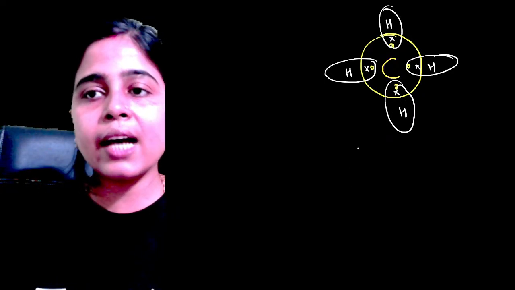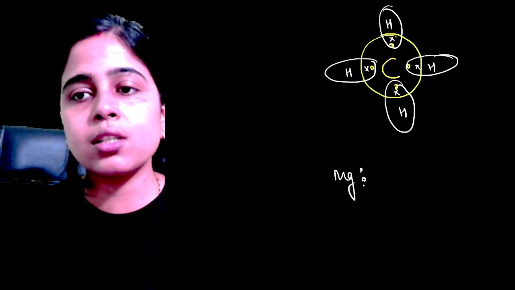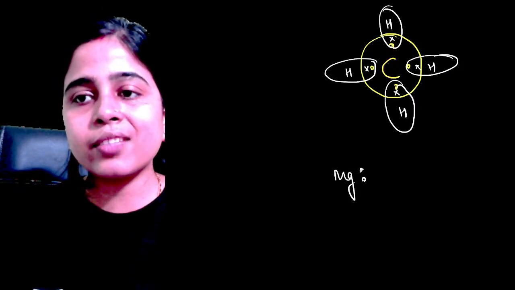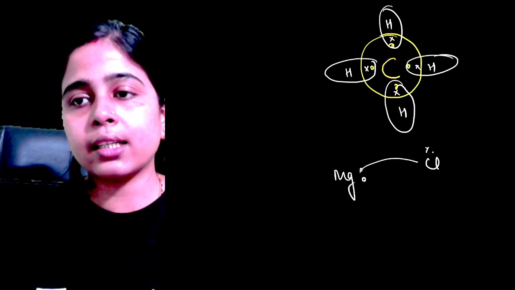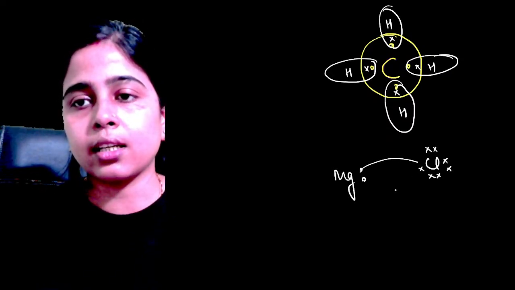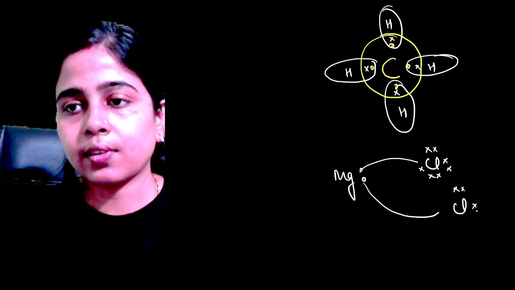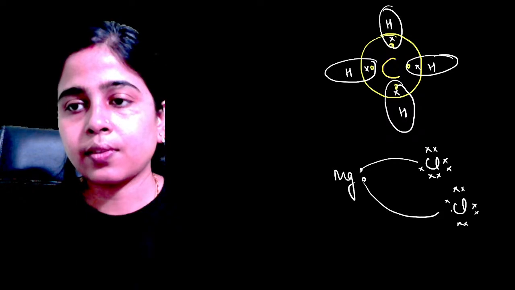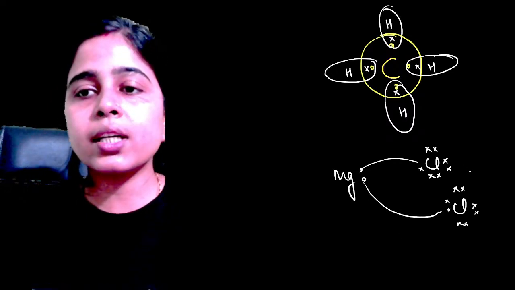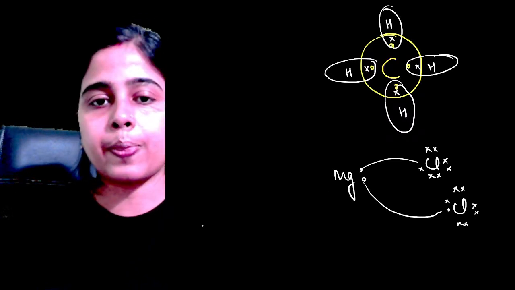Yes. And then we have magnesium chloride. Magnesium has 2 electrons in its outermost shell, which it will give to 2 chlorine atoms, which have 7 electrons in their outermost shell, like this. Now you can see magnesium is forming a bond, or you can draw it like this also.